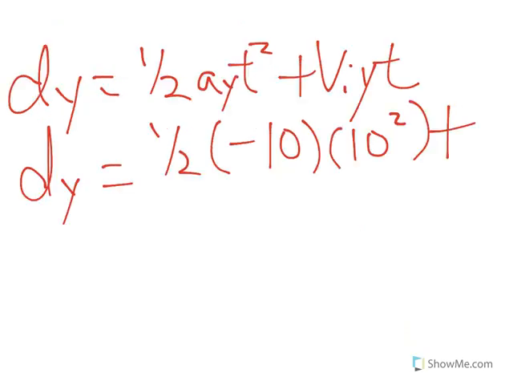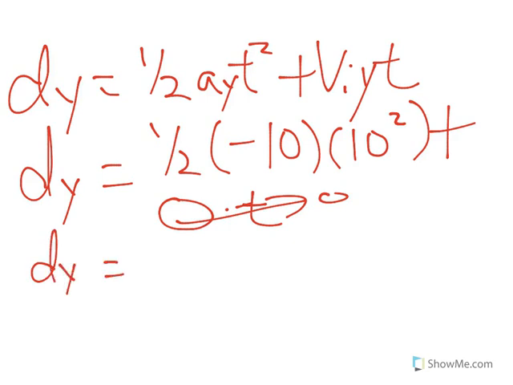Okay? So coming back here, the initial velocity in the y is 0, so 0 times t. Okay? So now what we do is we plug in our numbers. That goes to 0, so it's out of the way. And so we're left with dy equals 1/2 times -10 times 100.